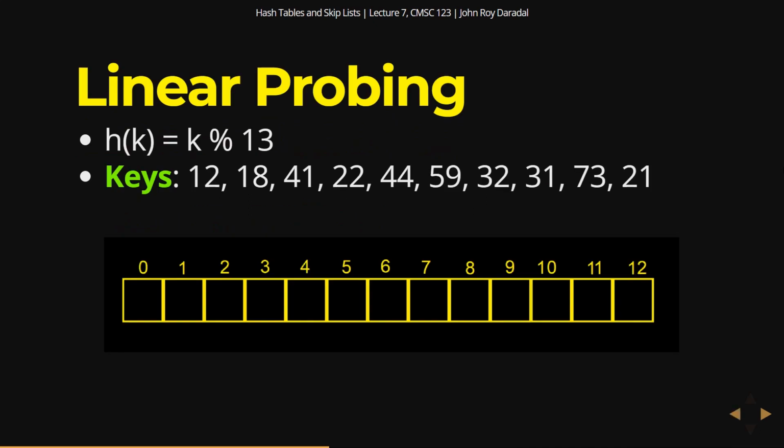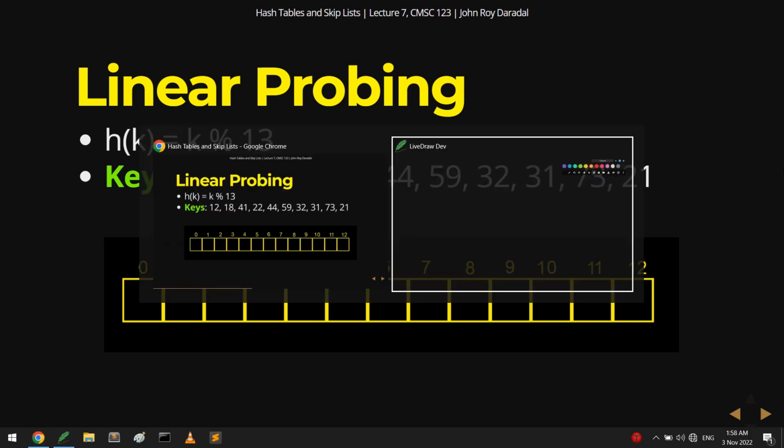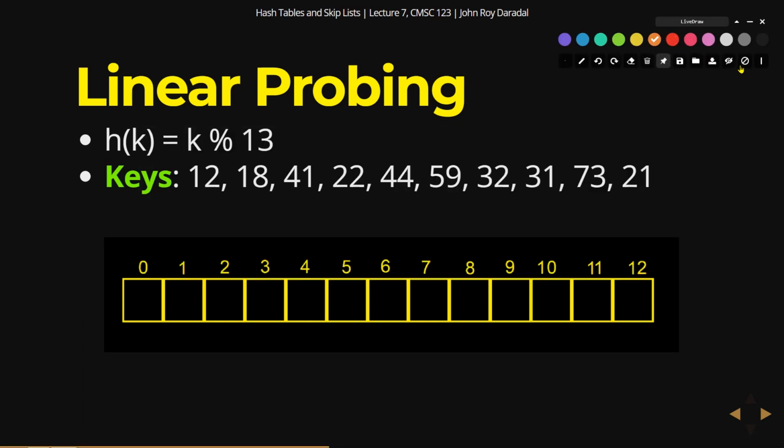So let's see an example of this in action so that you can understand what it means. So we have some keys here, and our hash function will turn this into the range 0 to 12 by taking the modulo 13.